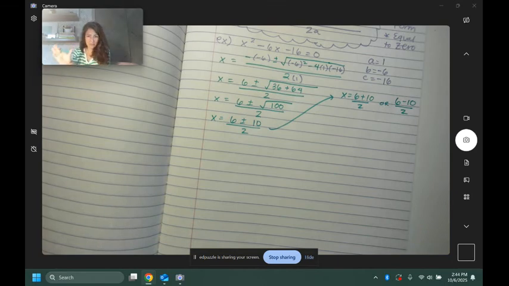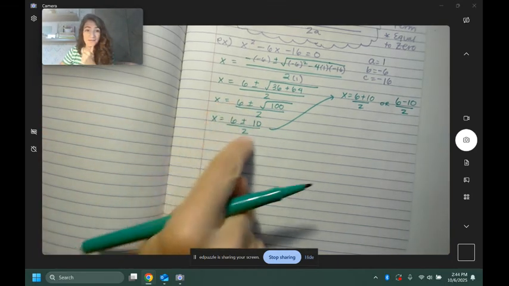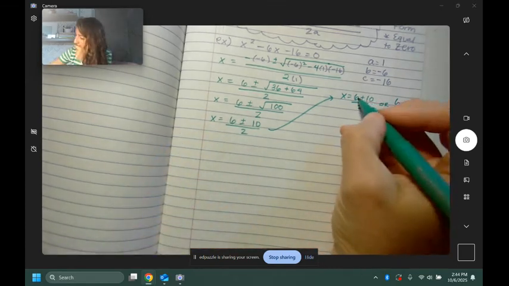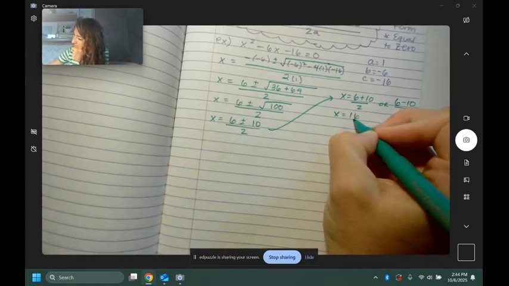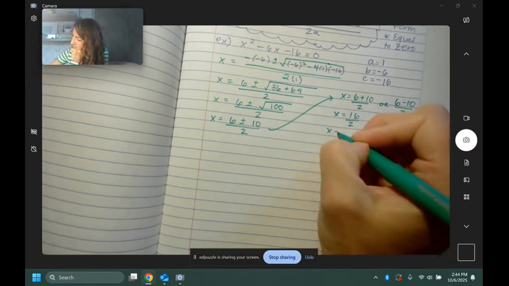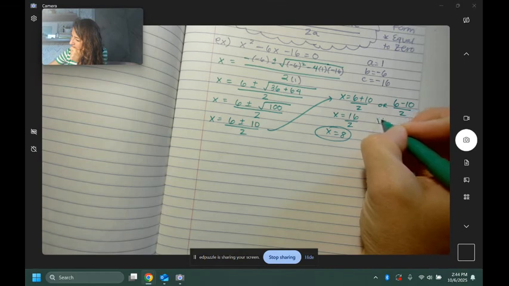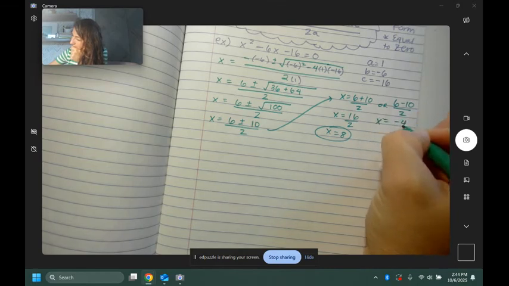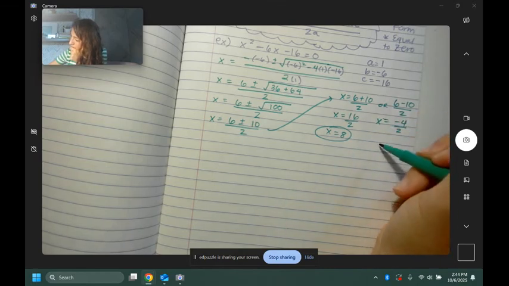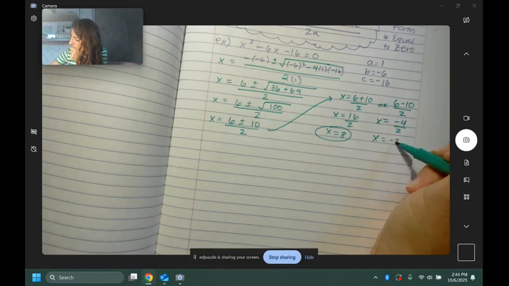The reason I'm going to keep going with this is because these are both numbers. Sometimes this is your last step. But here I've got 16 over 2, which is 8. And here, negative 4 over 2, which is negative 2.